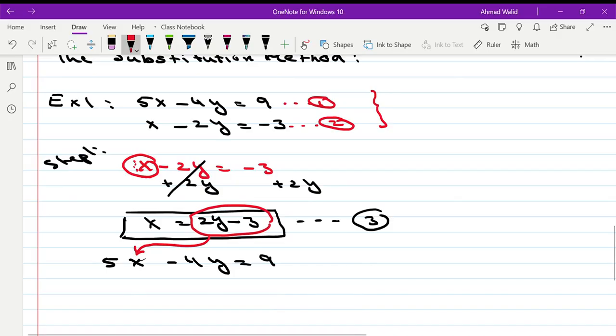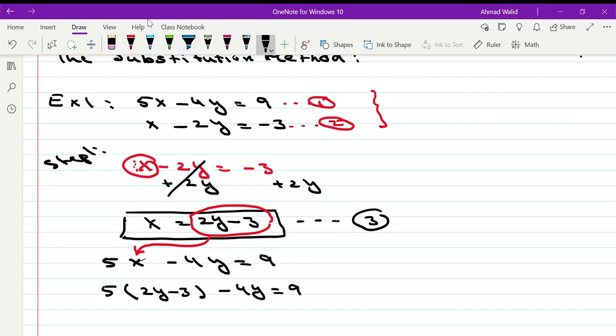Then it becomes 5 times 2y minus 3 minus 4y equals 9. The reason that we use substitution is that we want to change our equation from 2 variables to 1 variable.